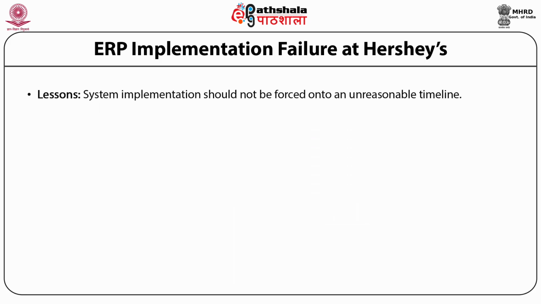The lesson we learned here is that system implementation should not be forced onto an unreasonable timeline. Over-squeezing the implementation schedule is a way to overlook critical issues. Testing phases should also never be compromised.